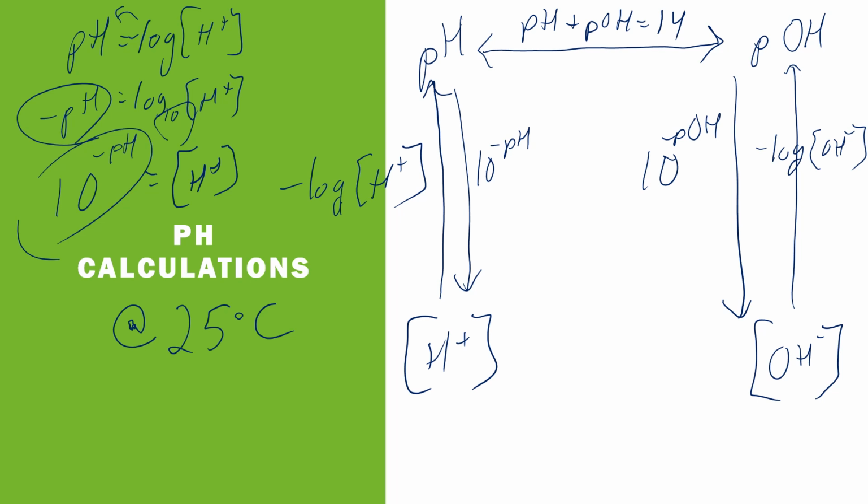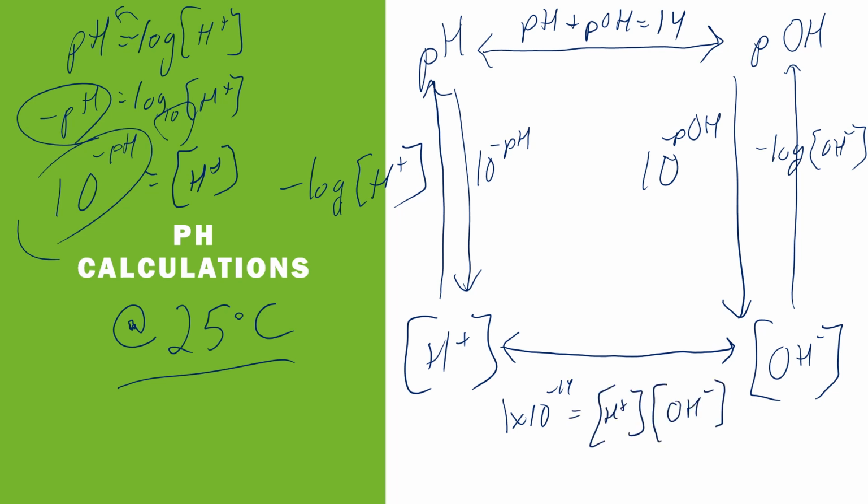And then our last little calculation here: you might have to convert between the hydrogen ions and the hydroxide ions in a solution. That calculation at 25 degrees Celsius is 1 times 10 to the negative 14 equal to the product of hydrogen ions times hydroxide ions. That's because, remember, the lowercase p is equal to negative log. I wrote this one backwards, so let me write it the correct way around.